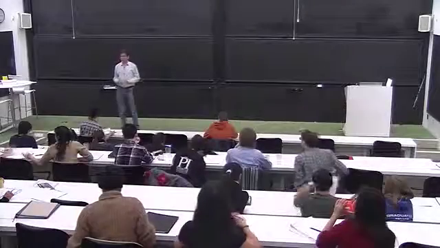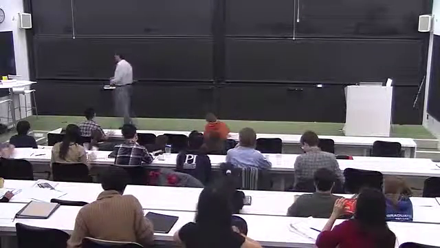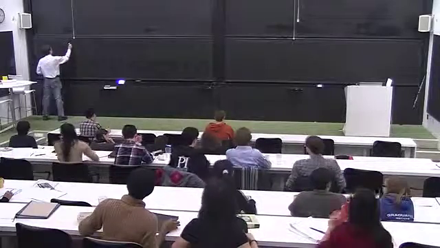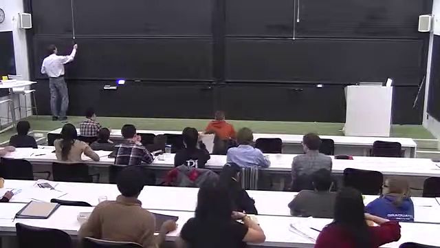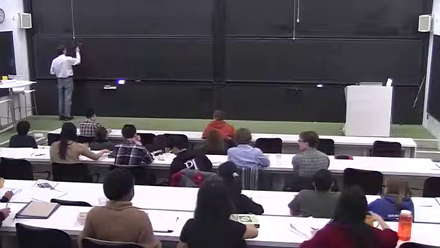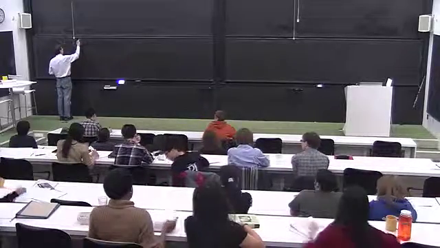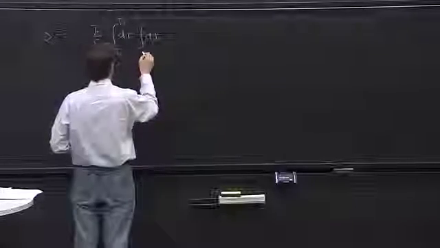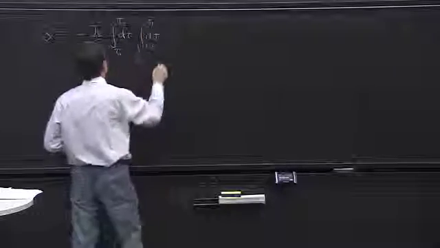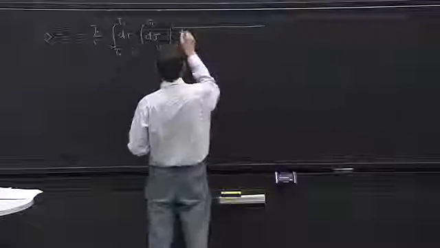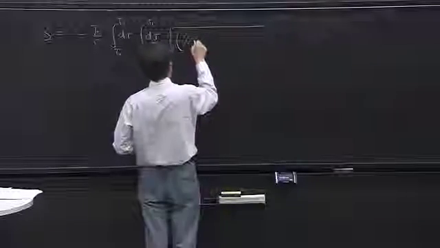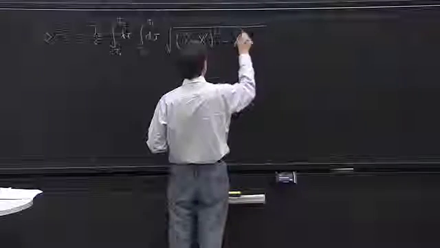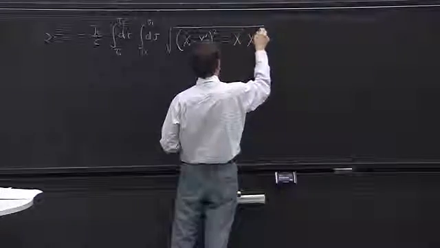The action that we wrote last time. We finally wrote the Nambu-Goto action. That was given by minus T0 over c, integral d tau from some initial tau to some final tau, d sigma from 0 to some sigma 1, square root of (x dot x prime) squared minus x dot squared x prime squared.